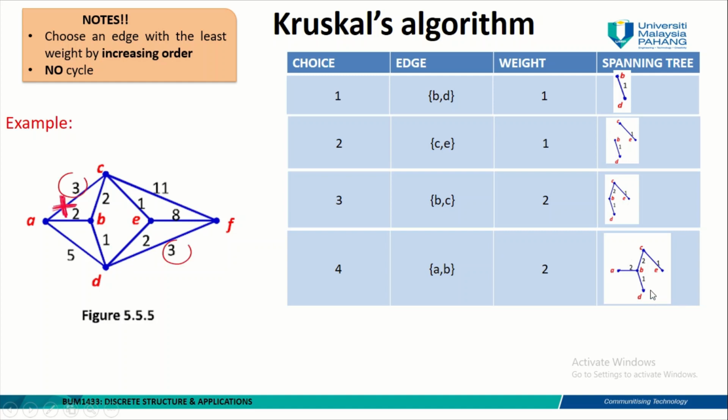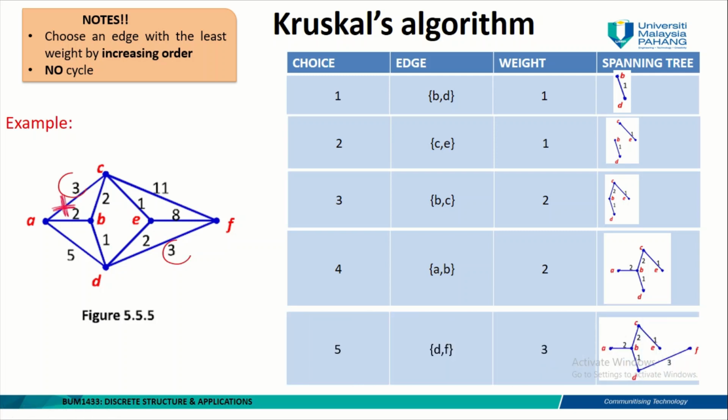We see in our spanning tree that if we choose edge DF, it does not form a cycle, so we can choose DF here. So we draw DF in our spanning tree, and we choose edge DF with the wedge 3. We can see in our spanning tree that all the vertices have been included. So our spanning tree contains all the vertices.